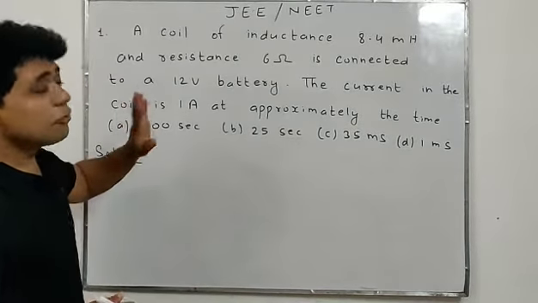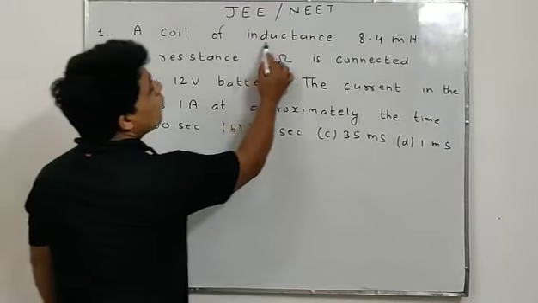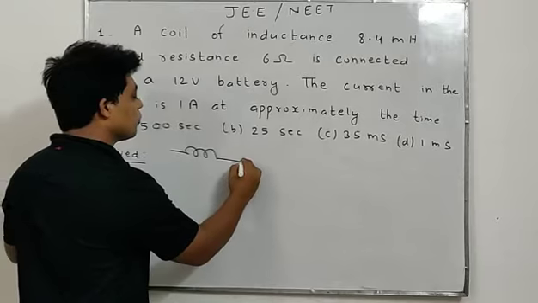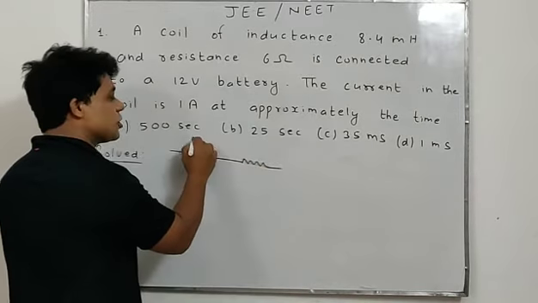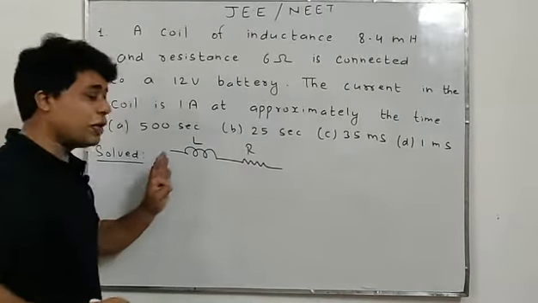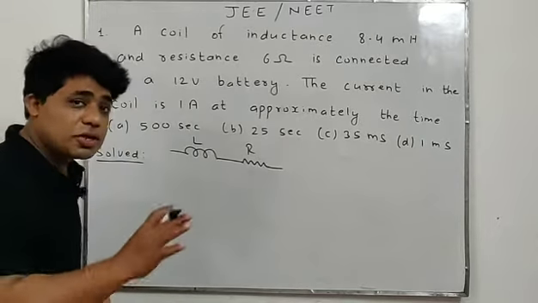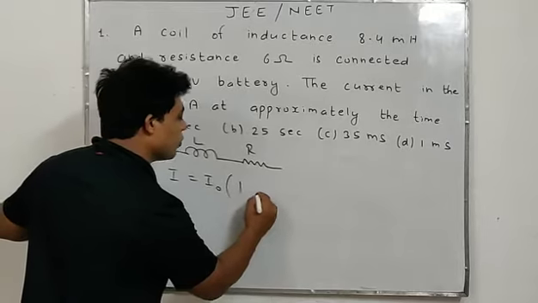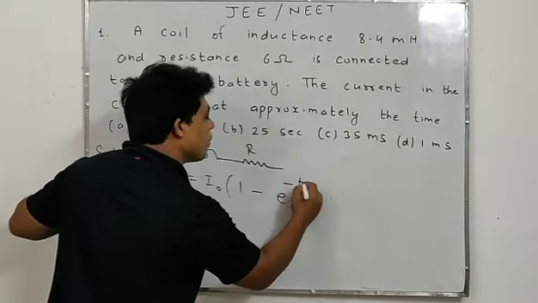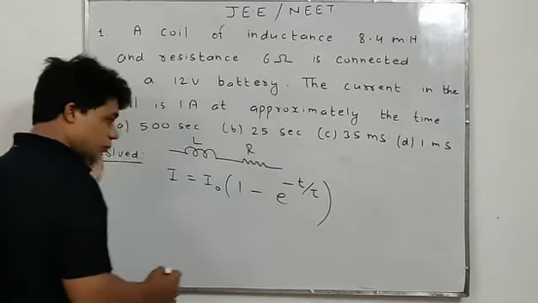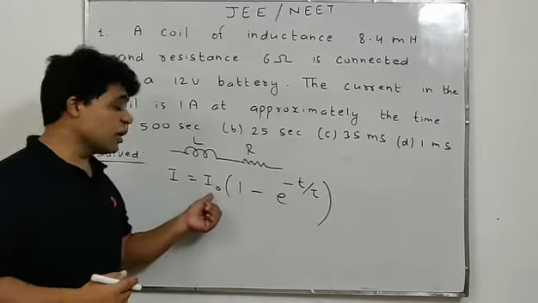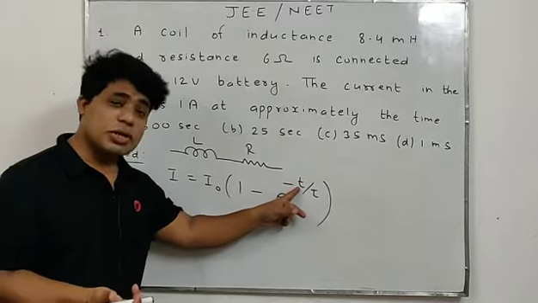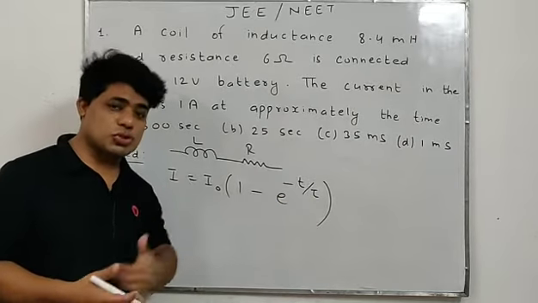First of all, we'll see what we are given. A coil of inductance 8.4 and resistance 6. This is L and this is R. For inductance L and resistance R, the relation between current and time is I equals I naught times (1 minus e power minus t by tau), where I is current, I naught is the peak or maximum current, e is the logarithm base, small t is the time, and tau is called the time constant.